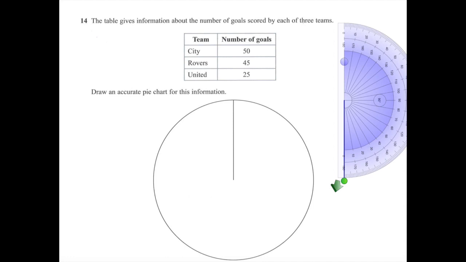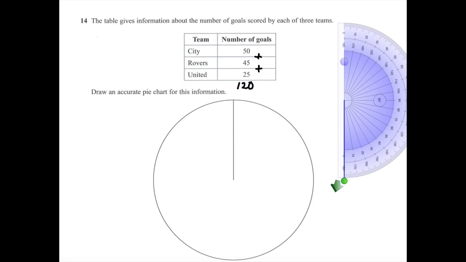And that's our final answer. Question 14. The table gives information about the number of goals scored by each of the 3 teams. City, 50 goals. Rovers, 45 goals. United, 25 goals. Draw an accurate pie chart for this information. So the first thing we need to do is to add up the number of goals scored by each team. So 50 plus 45 plus 25 equals 120 goals.